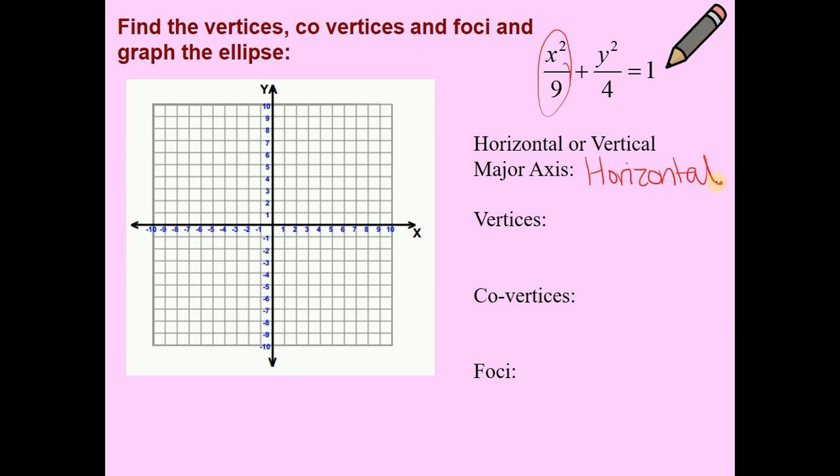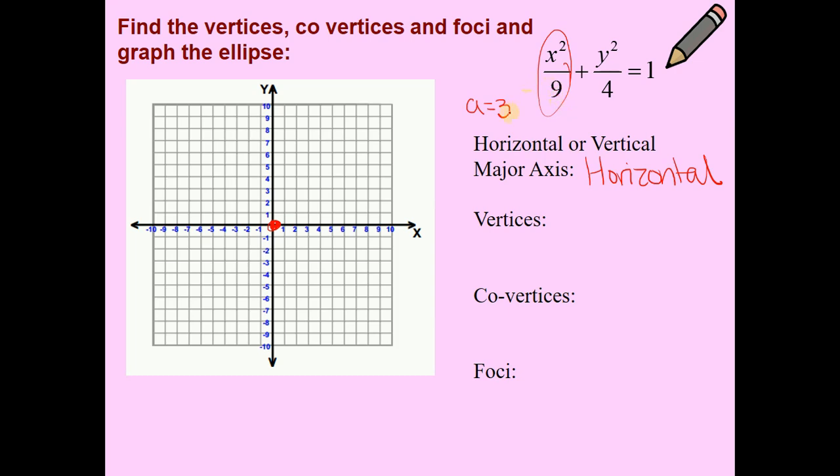Follow me so far? Now, remember guys, a is the bigger number, and a was the distance from the center to the vertices. And on today, all your centers are going to be 0, 0. We haven't moved it yet. So I know that a has to be 3, because remember the equation of our ellipse is a squared down here.